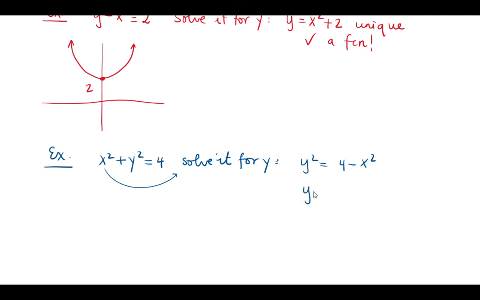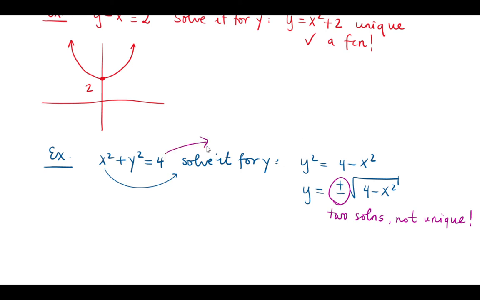And if I solve it, I get y equals plus or minus the square root of 4 minus x squared. Wow, as you see, you got two solutions. Two solutions means it's not unique. So this equation does not represent a function.